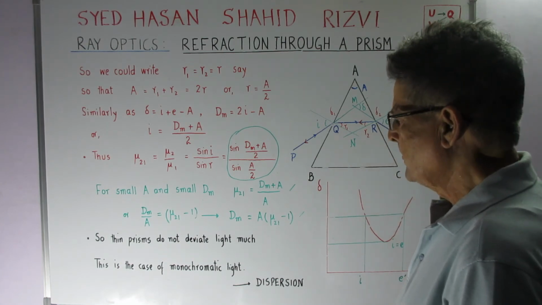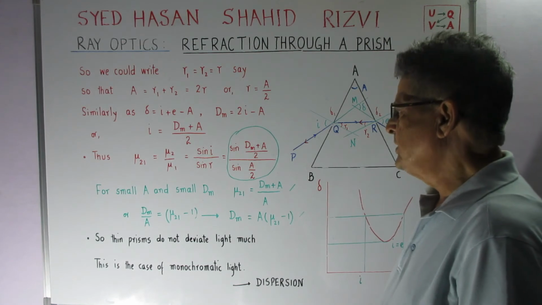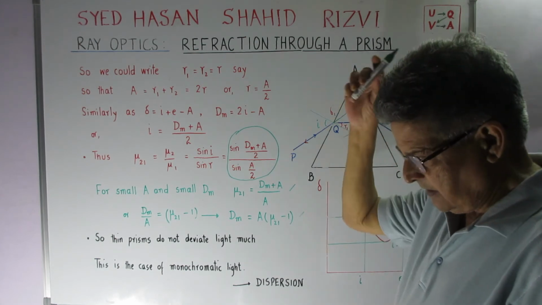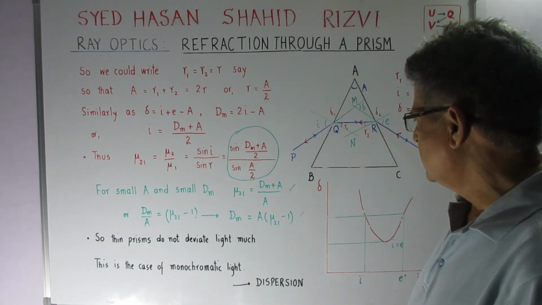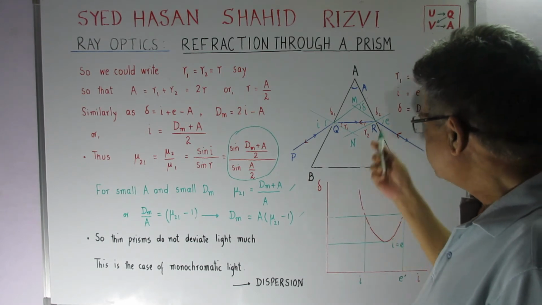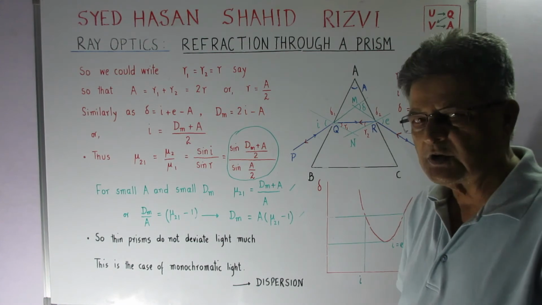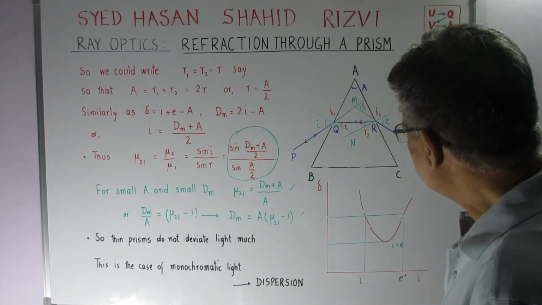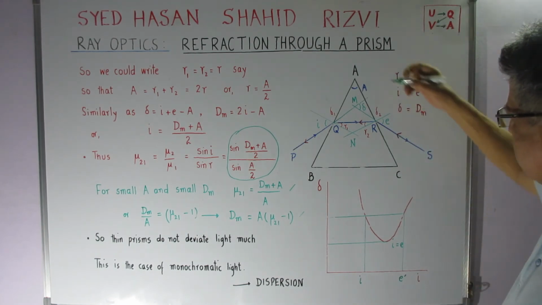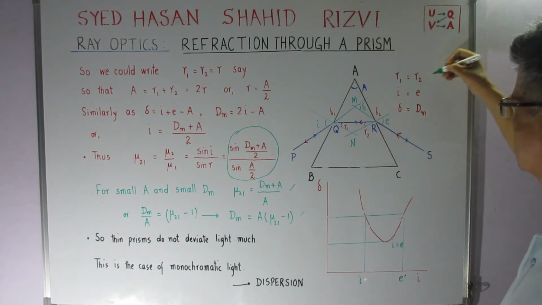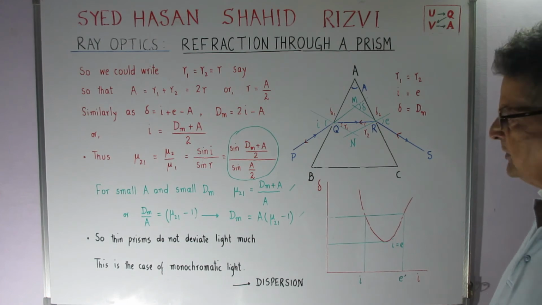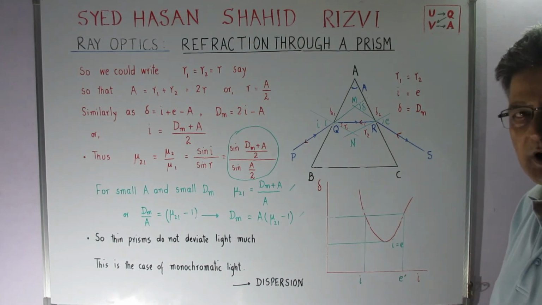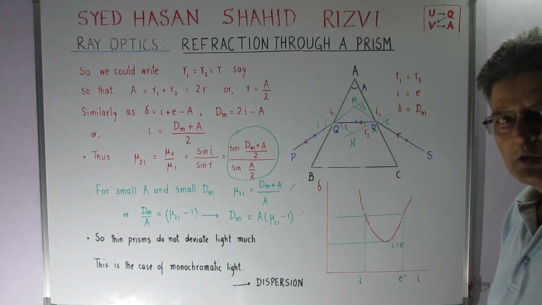Earlier, in the days of Sir Isaac Newton, people thought that the prism is responsible for the colors of the rays, but Newton could show that by putting an inverted identical prism, when the light comes from the first prism and then from the second prism, there is again a white light, which I am going to show to you just now.